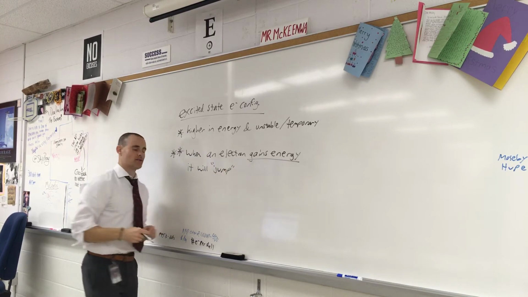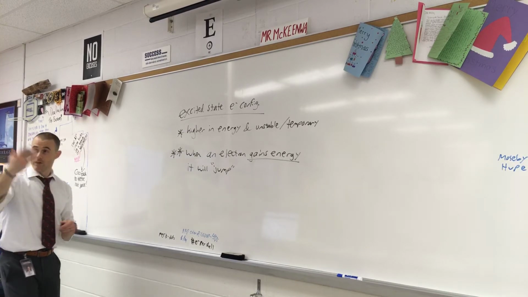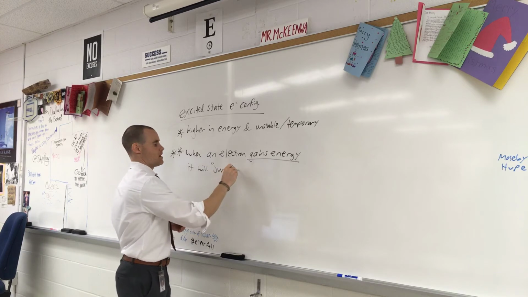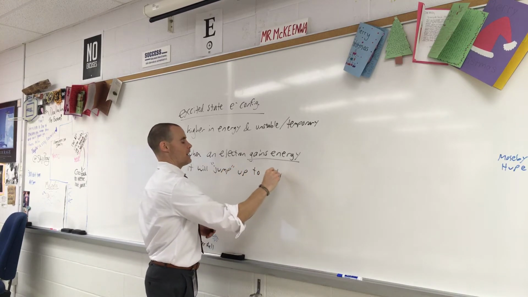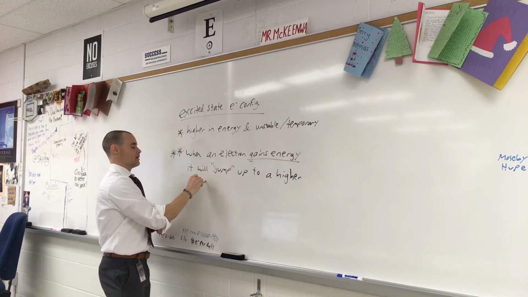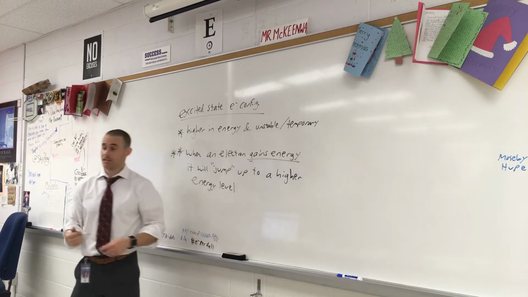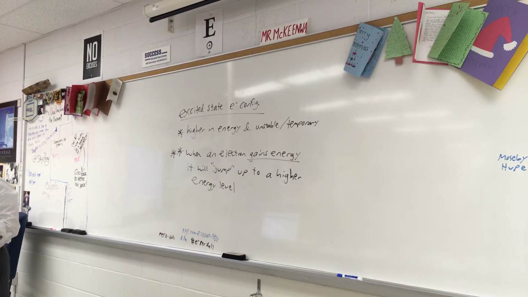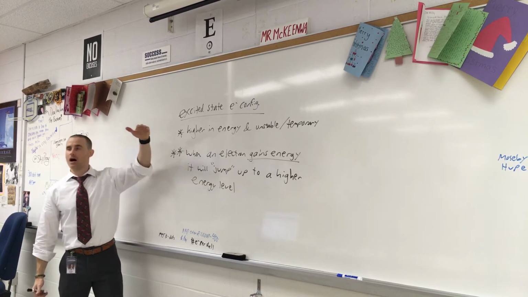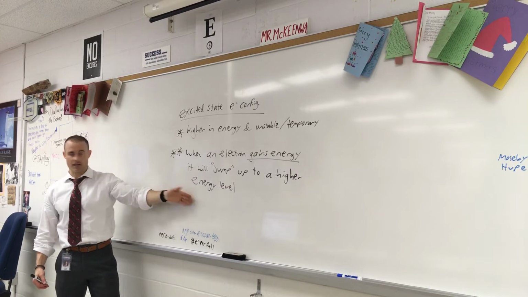I put that in quotes because obviously they're not jumping, they don't have legs, but they're moving, and we say jump to help us visualize it. It will jump up to a higher energy level. That's the excited state. You give an electron energy, it jumps up to a higher energy level, but it's only there for a little bit, and then it's going to come back down. I'm going to get to that in a minute.